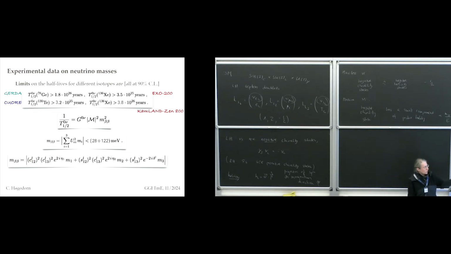Here's the forecast. We will discuss all this in the course of the lectures, but just to give you a forecast of what we will arrive at: the quantity from the particle physics point of view which is relevant for neutrinoless double beta decay is this M beta beta, also called M_ee. Also here you see the light neutrino masses are appearing.